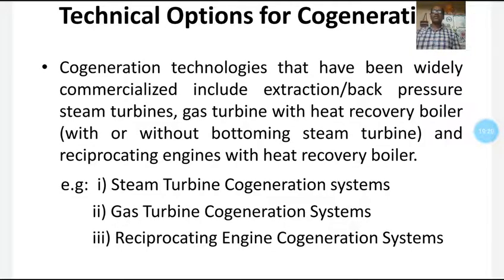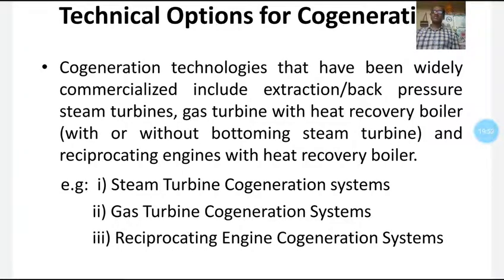Combined heat and power process can be applied with conventional steam processes without a gas turbine, or it may include a gas turbine. Now, cogeneration or combined heat and power generation can be defined as a sequential use of primary energy sources to produce two forms of energy, basically heat and power, at the same time.